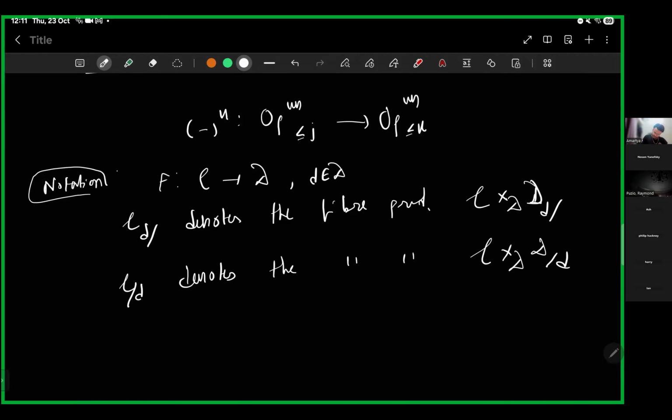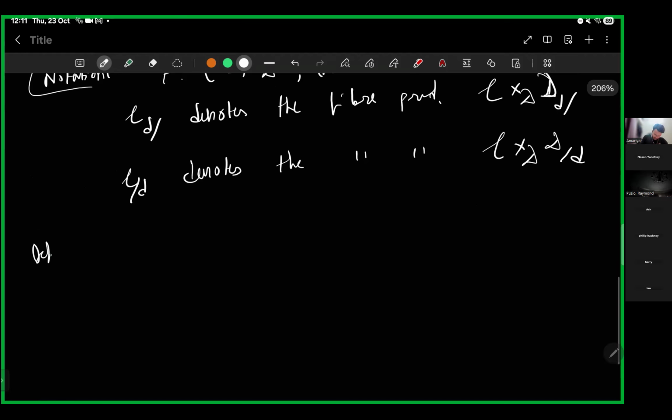Here's the definition. You start with a closed tree T and k greater than or equal to 1.